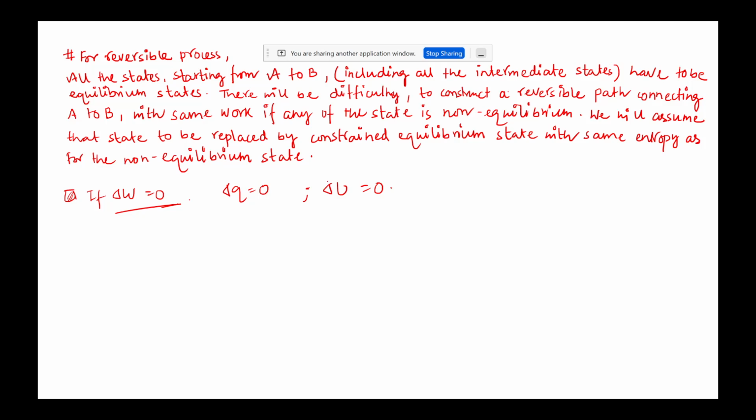So a reversible limit cannot be reached.